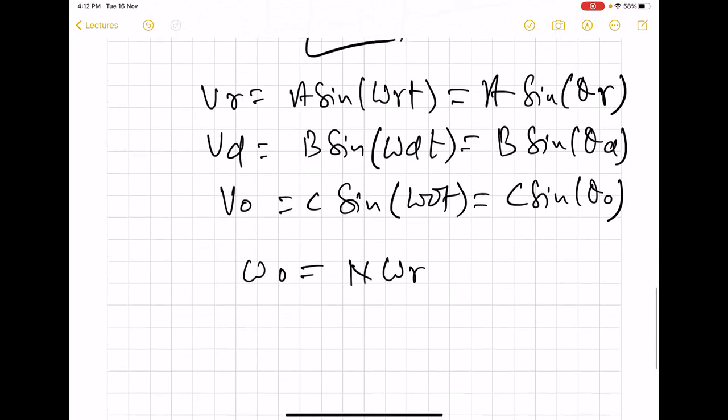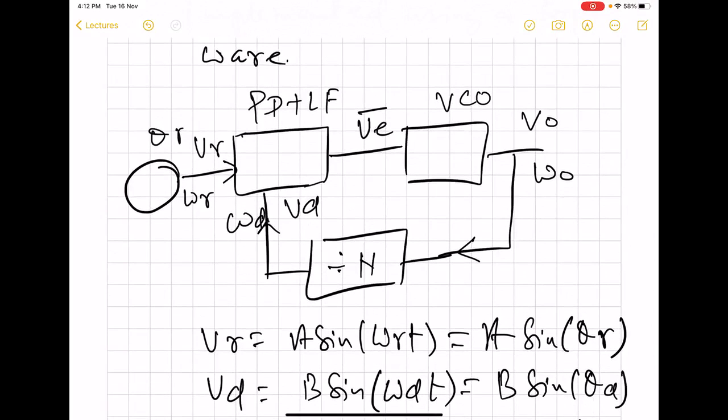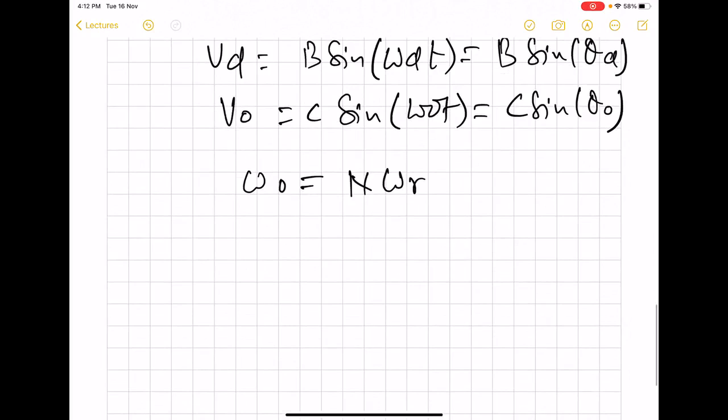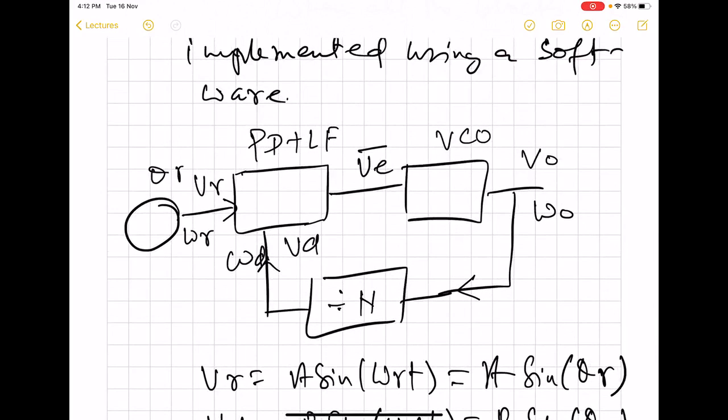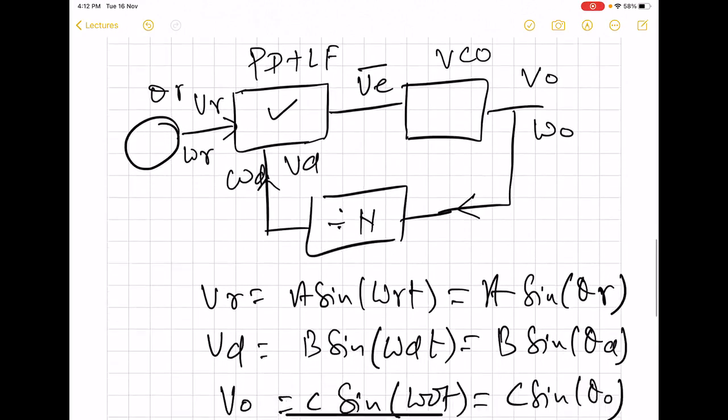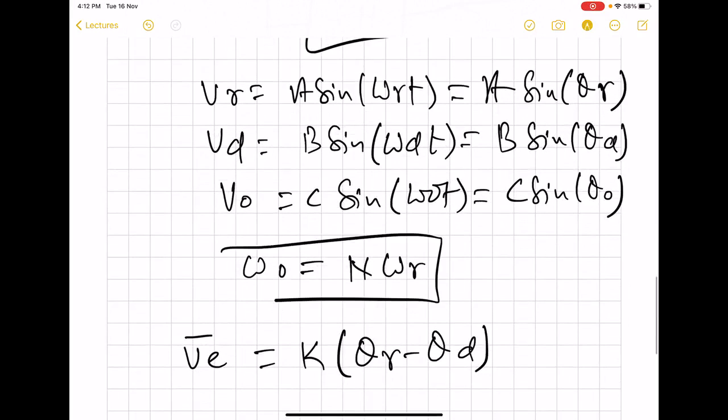So here we have labeled a signal VE bar. This is a very important signal. This VE bar is going to be a voltage which will be proportional to the phase error between the reference signal and the divider signal. So from this PD plus loop filter block, we want a signal which will be fed to the VCO, which will ultimately allow this equation to get implemented.